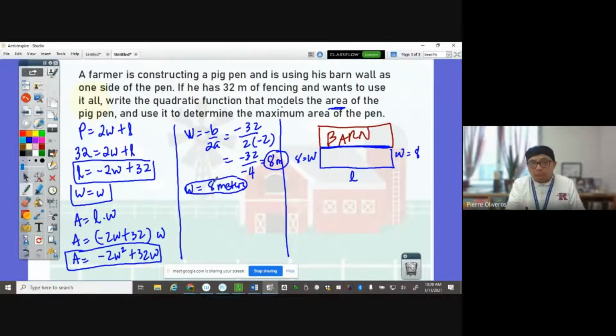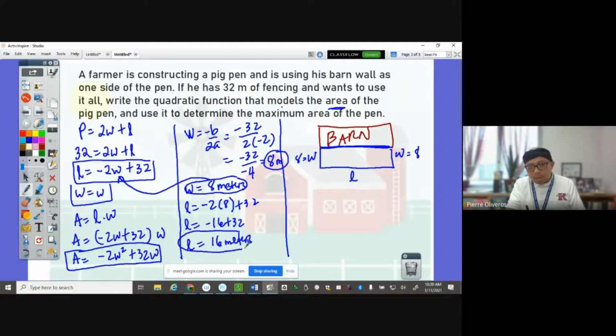Now we're going to plug the 8 right back in to find the length. So length is equal to negative 2 times 8 plus 32. That gives us L equals negative 16 plus 32, so the length is equal to 16 meters. If the question was the dimensions, it would be 8 meters by 16 meters for the pig pen.